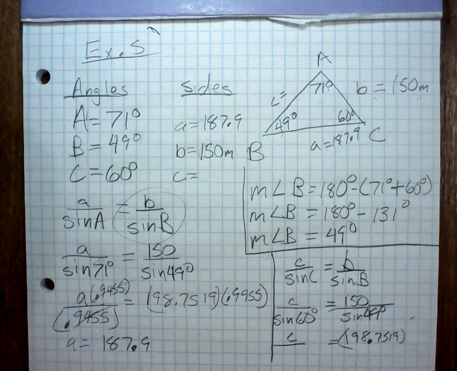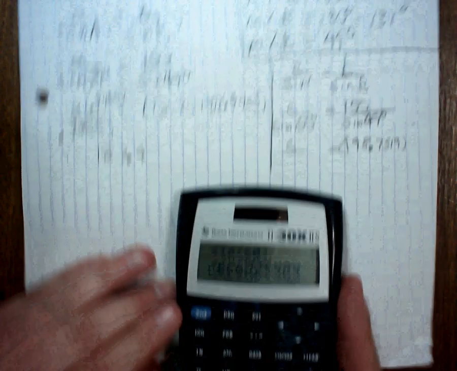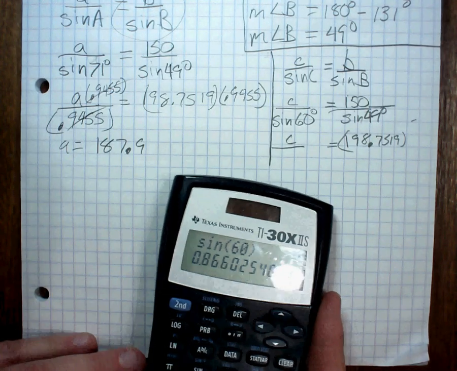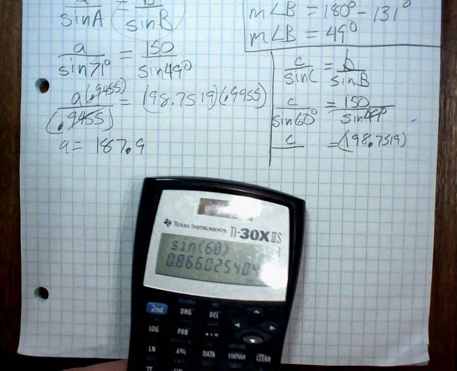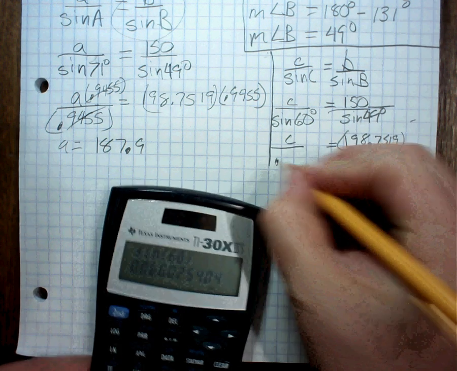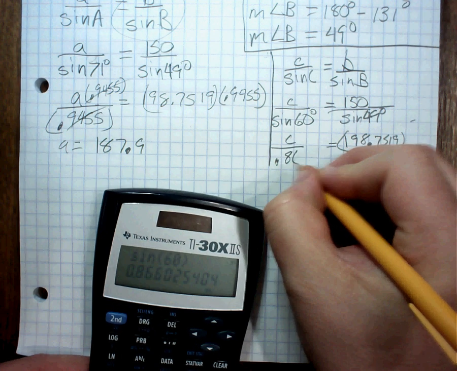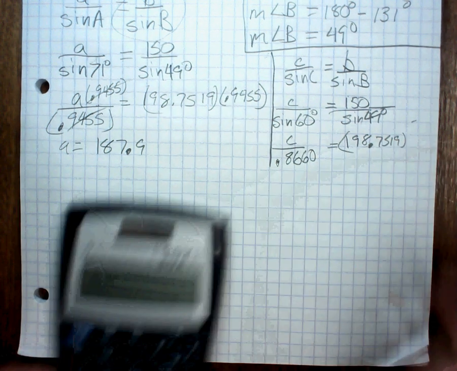And then c over sine of 60. Sine of 60 is just going to equal, does anybody know what it is? I think it's 1/2. Oh no, I'm wrong. I think it's root 3 over 2. Yeah, it's root 3 over 2. So that'd be 0.8660.